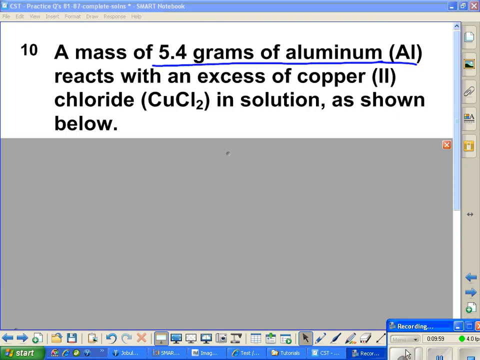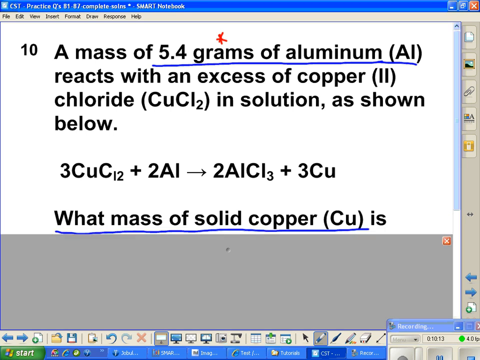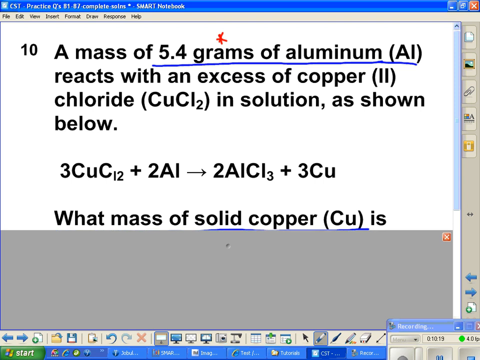Okay, in this last problem, we're given 5.4 grams of aluminum, which I have underlined in blue right up here. And we're supposed to find, using that balanced equation as part of our finding process, the mass of solid copper, this stuff right down here.